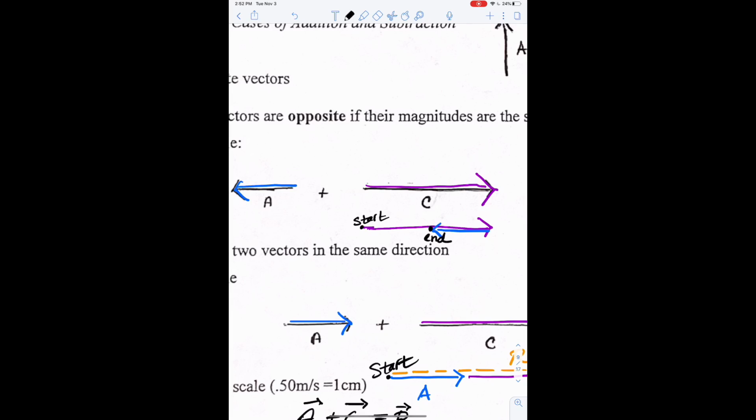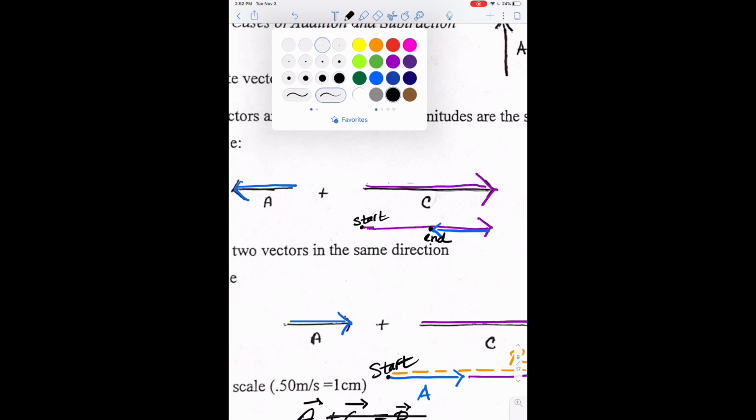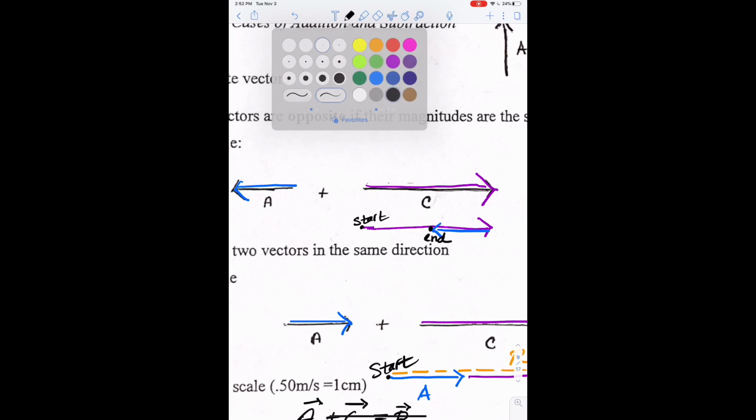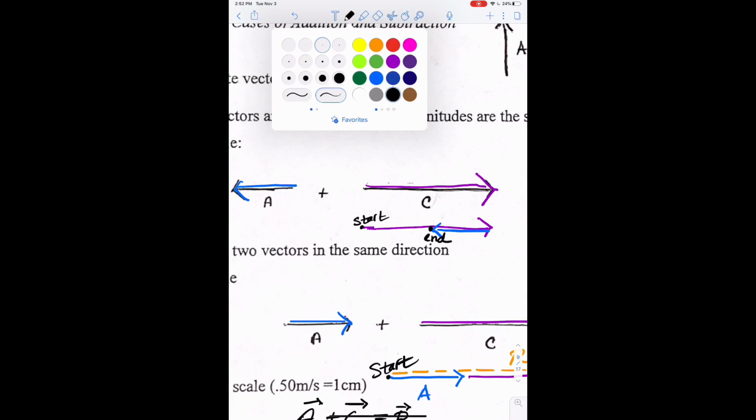Now, although it's kind of hard to see this, the vectors are on top of one another. I usually offset them a little bit just so it's easier to see, but they are right on top of one another. So what we can see then is we just once again go from start to end. Let me get that orange.